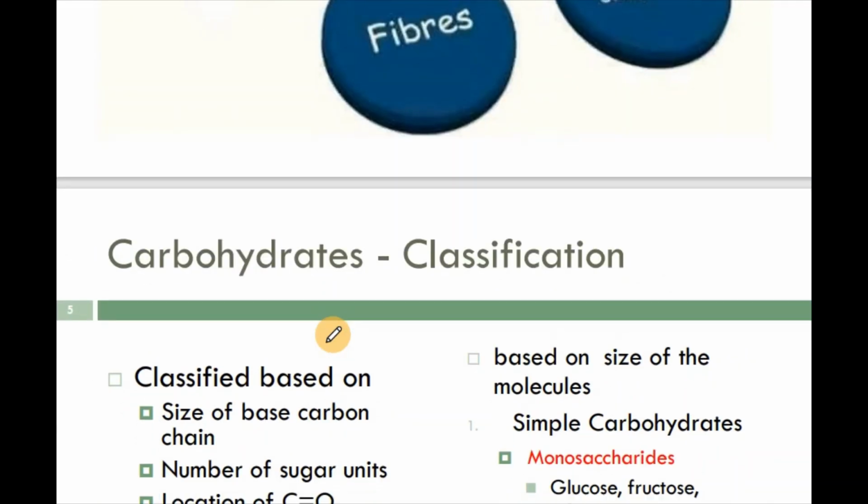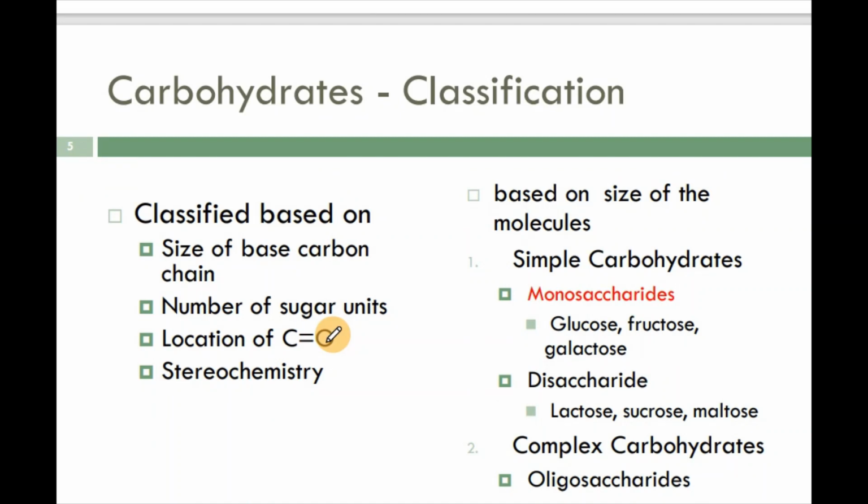Now let's come to classification schemes of carbohydrates. We can classify carbohydrates based on several parameters. About four known parameters are used to classify carbohydrates. First, based on the size of the carbon chain.